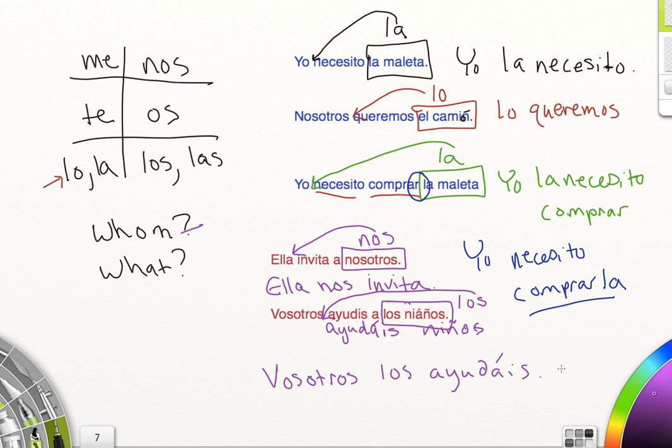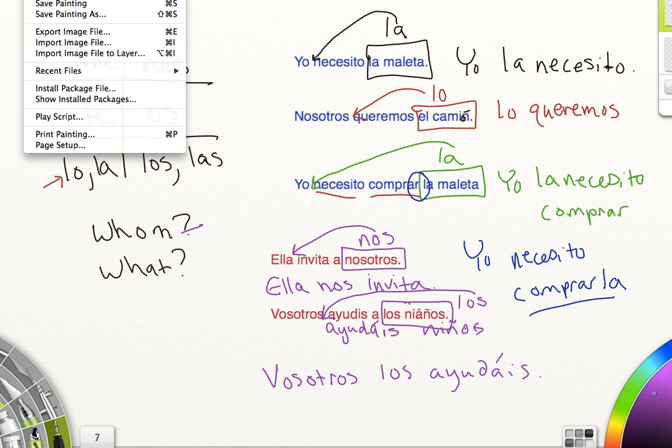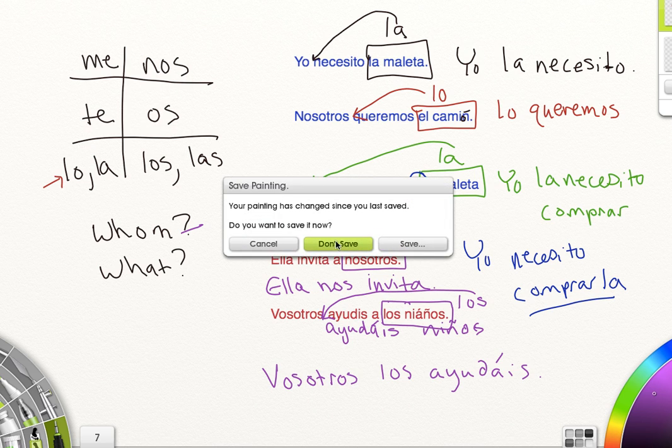I really hope that helps. I know that there's a section in your workbook activities where you have to say what the direct object pronoun could be referring to.